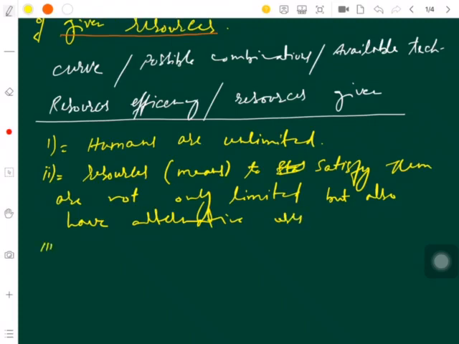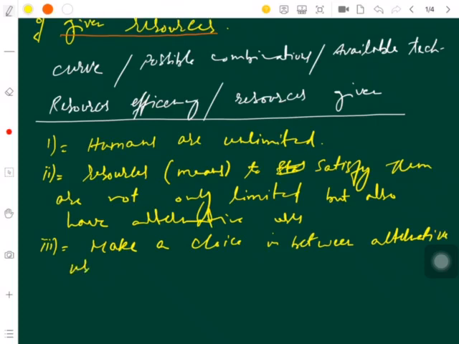And last but not least, it is essential to make a choice between alternative uses of the given available resources.